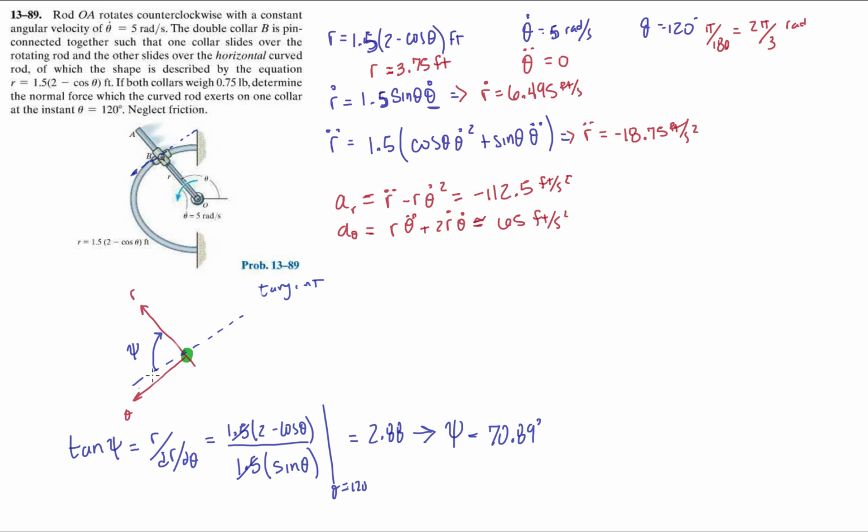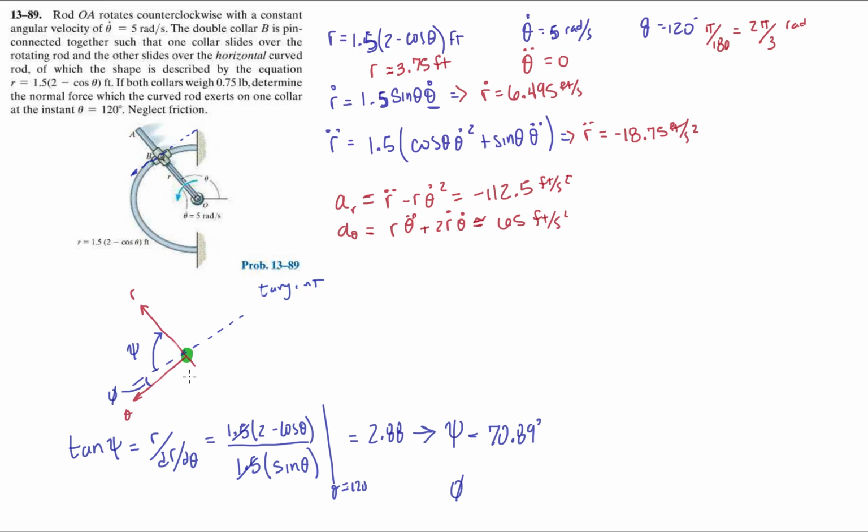I usually don't use psi for everything. I end up always using, I don't think it's the complementary angle, but let's just call it the complementary angle of psi, or sorry, phi. This whole thing is 90 degrees, right? The angle between r and theta, because it's a perpendicular coordinate system.